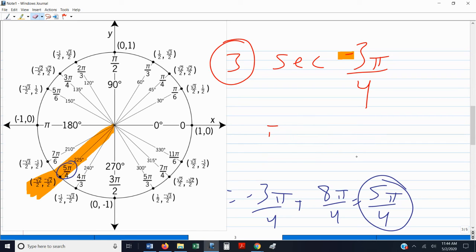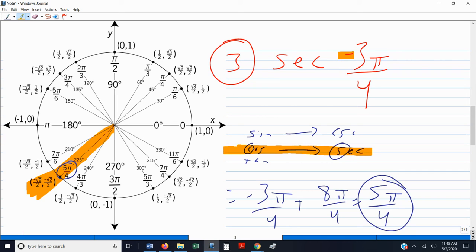And then the secant is the reciprocal of what? We have sine, cosine, tangent. Which one did secant go with? It was the reciprocal of cosine, right? Remember that S and C trick? And then sine goes with cosecant. But this is what we need right here. We're being asked for secant.